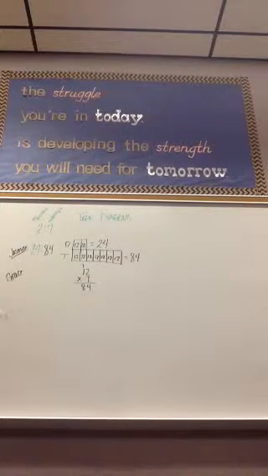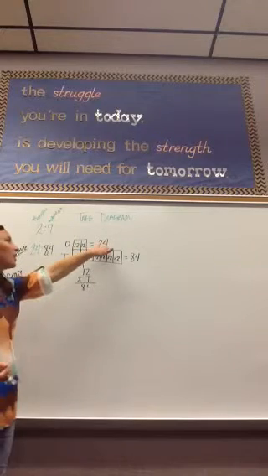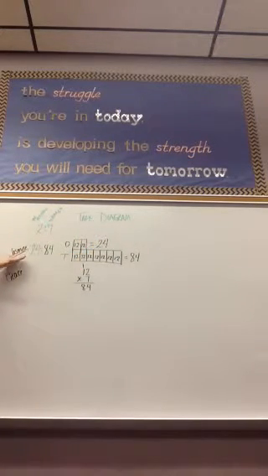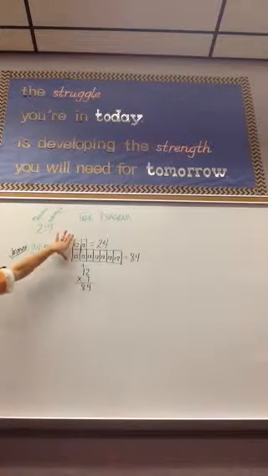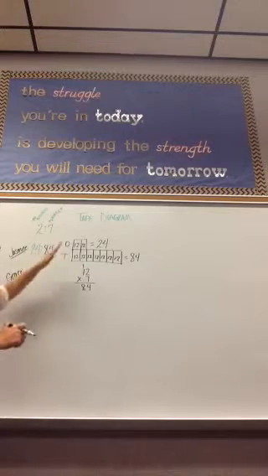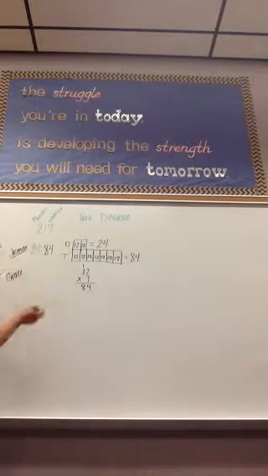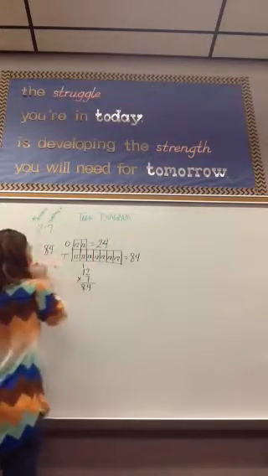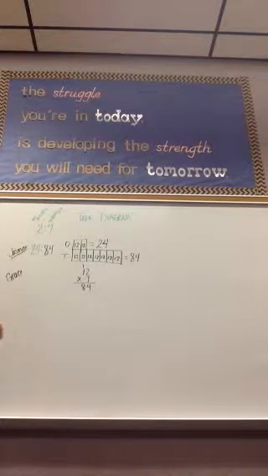But how can we prove if Grace or Jasmine is right? A lot of students might think, well, we've got 24 on the tape diagram, so Jasmine must be right. But remember, we made this tape diagram using the number 24. So we didn't necessarily prove that Jasmine was right. We just used her information to build an equivalent ratio.